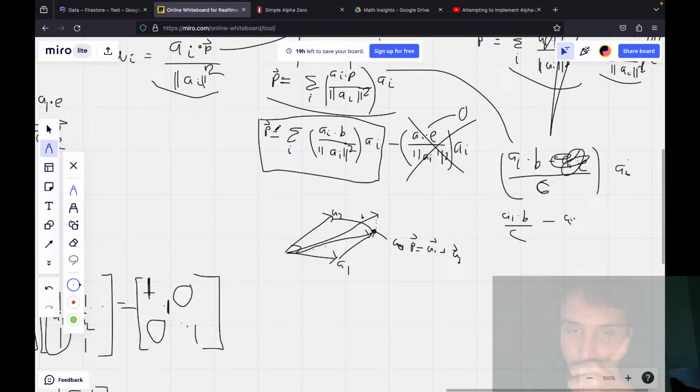In the case where all the AIs are orthogonal to each other, we can decompose this and write it as a sum over i of the projection of B onto those AI, so that we get each ith contribution, sum them all up, and get the total vector P that we want.